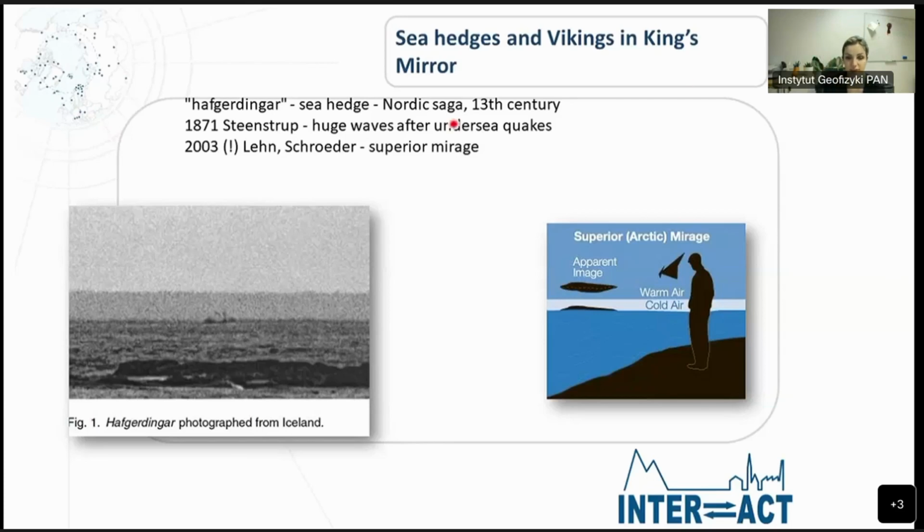In general, in this Nordic saga, the sea hedge was explained as a gigantic hedge appearing in the distance, and it could be really frightening because you're in the middle of the sea, no lighthouses, nothing, and little to no understanding of general physical phenomena, even if they followed them intuitively.